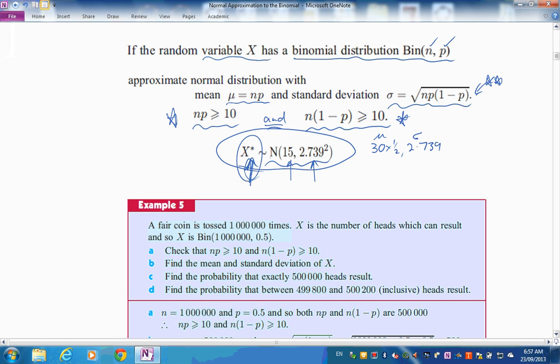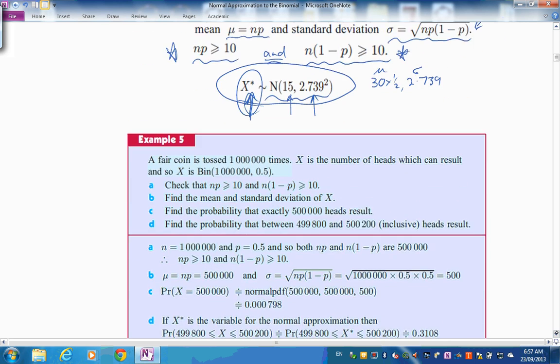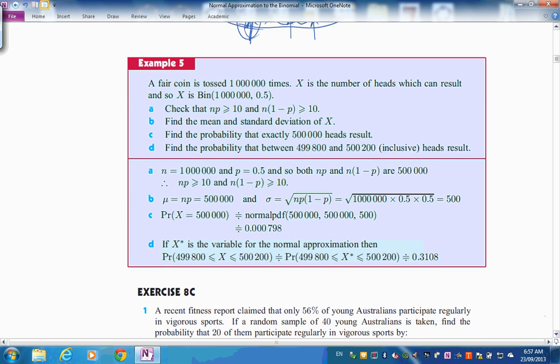Okay, so can we use this now? Let's use it down here in this problem. A fair coin is tossed 1,000,000 times, so that's a lot of work on a calculating device. They can do it now, so that's not the real reason why we're using the normal. That's going to become obvious in a minute. X is the number of heads, and so X is binomially distributed, with 1,000,000 for the number of trials, 0.5 as probability.